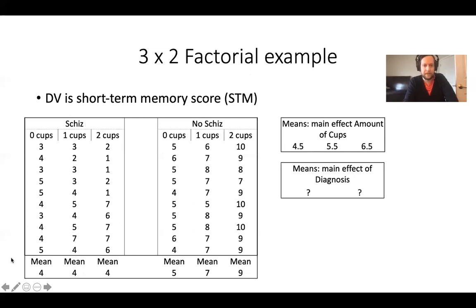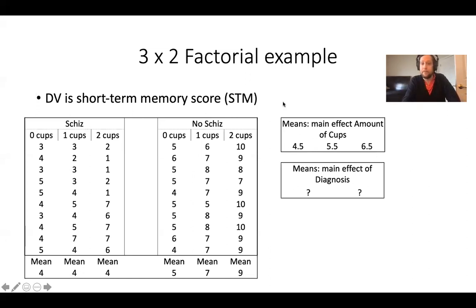We have 6 different conditions, and the means of those 6 conditions are all shown right here. But a main effect, I'll remind you, is only looking at the means of the different conditions of one factor, and it's completely ignoring the other factor.